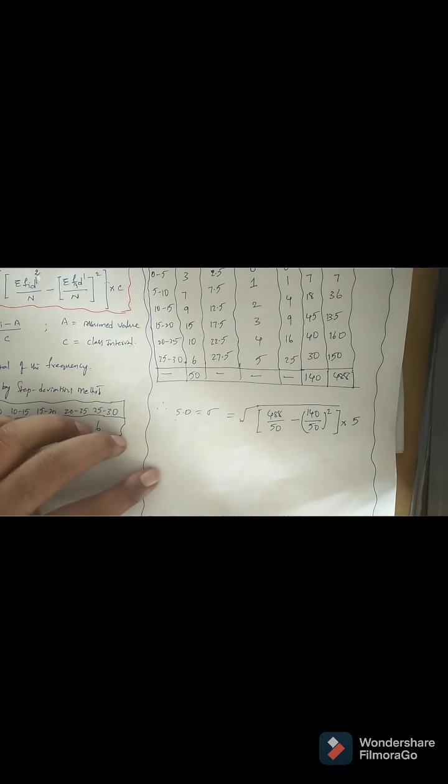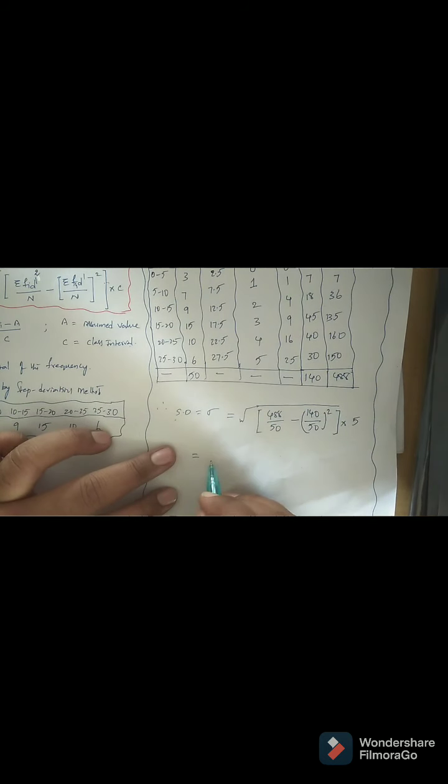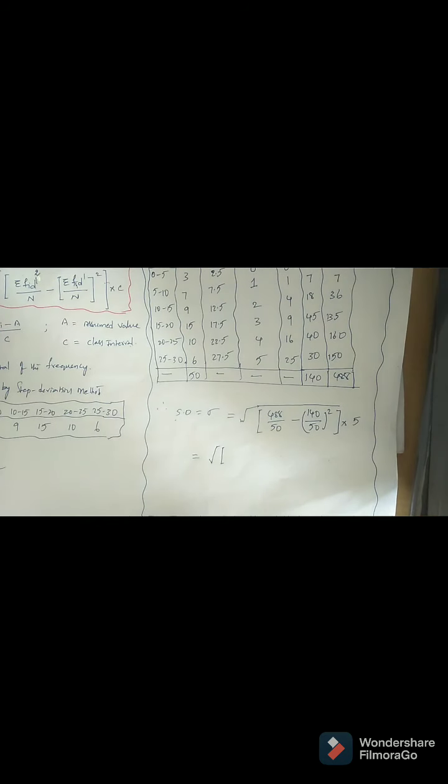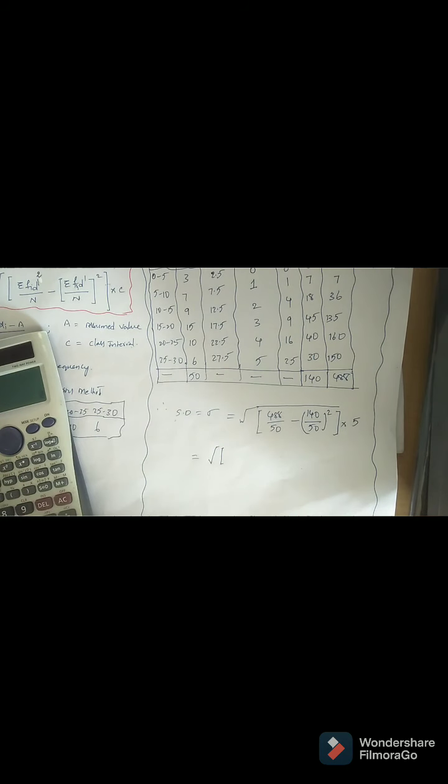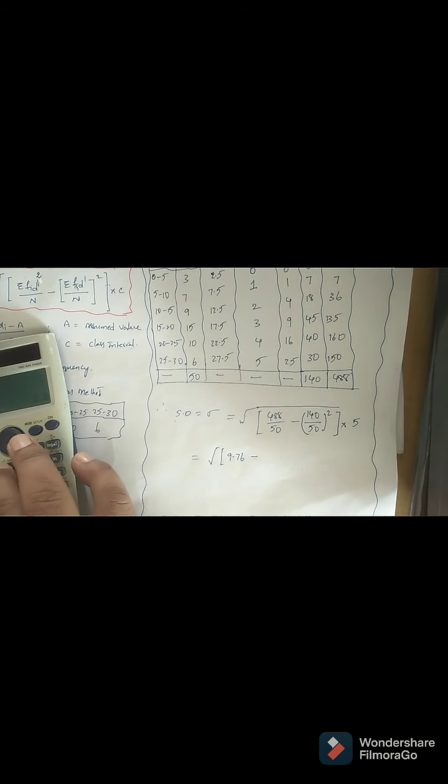Okay, now on simplification what do we get? So 488 divided by 50, so 9.76, minus 140 divided by 50, its square, 7.84.